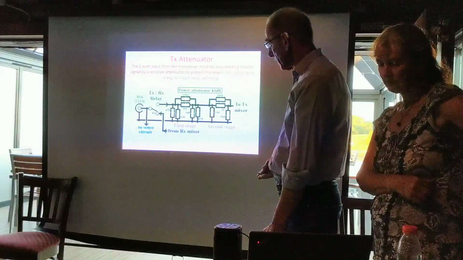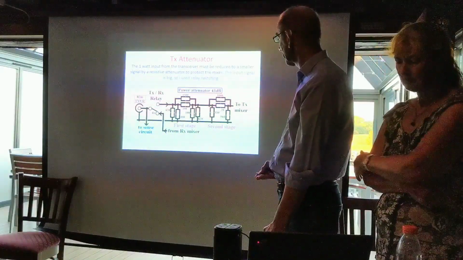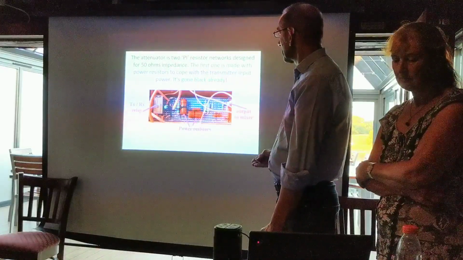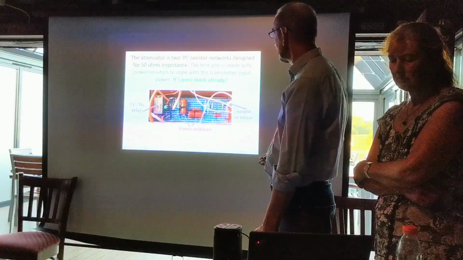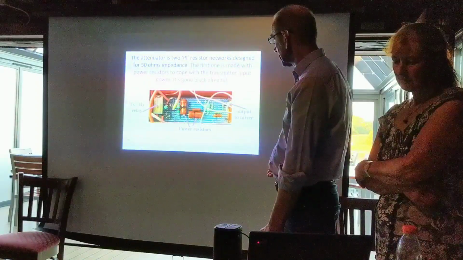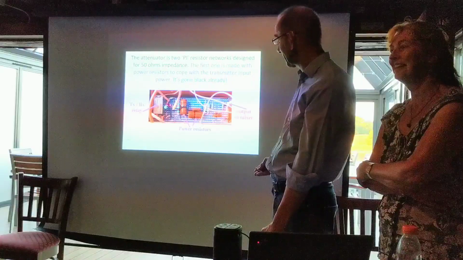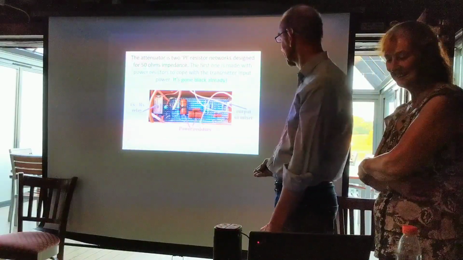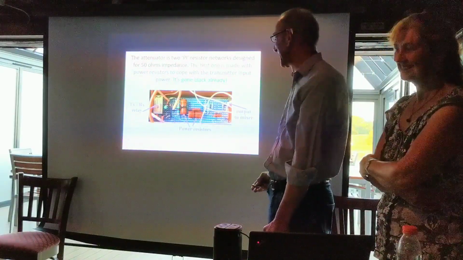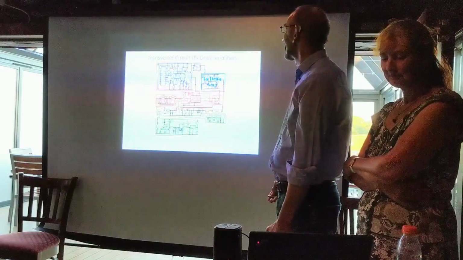And that is the wire that goes off to that sense circuit that's going to detect when we're transmitting and switch everything over. So, 2 pi networks for 50 ohm impedance. You can see these big power resistors here, and you notice I've already forgotten to switch the transceiver down before I fired it up, and it's gone all black where it's cooked itself. And there's the relay, which is doing the power switching.